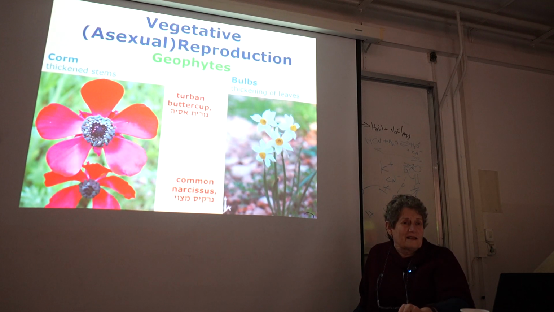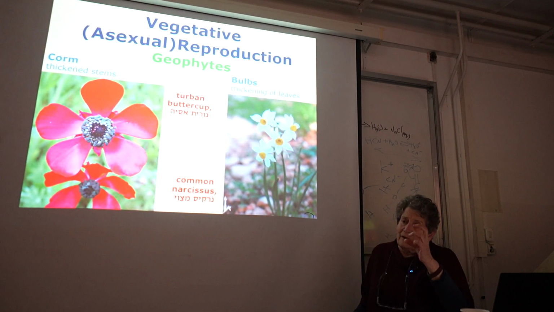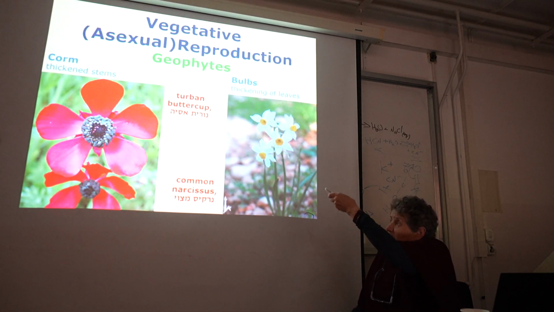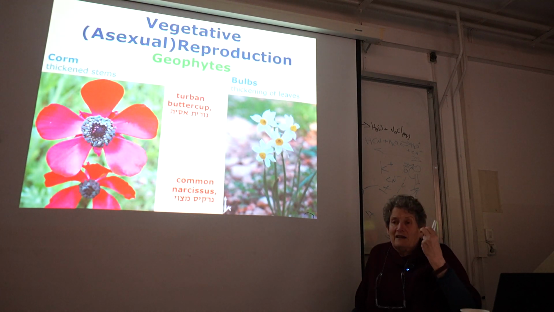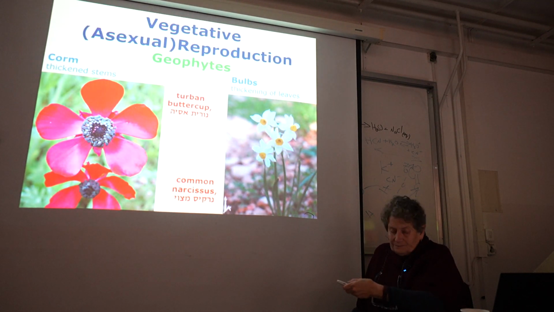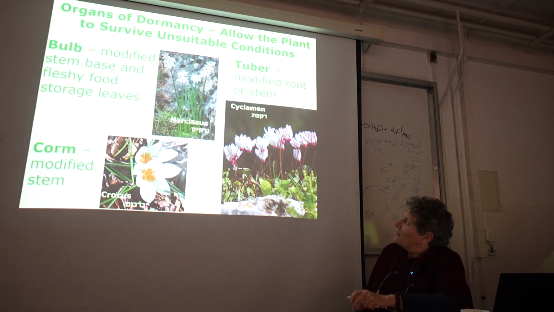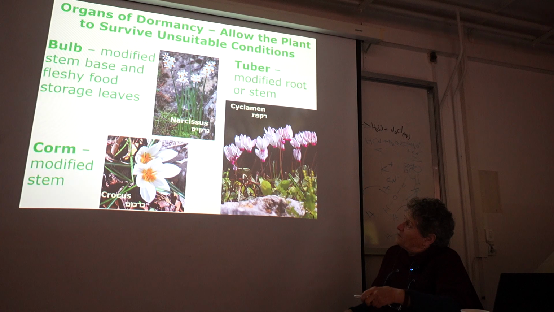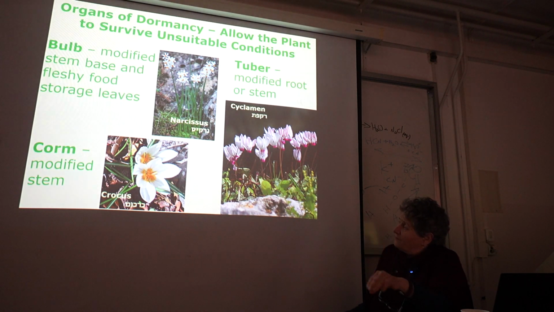A bulb looks very much like the onion. Bulbs are the base of leaves that are thickened. The corms are thickened stems.